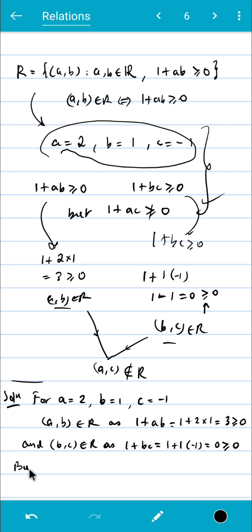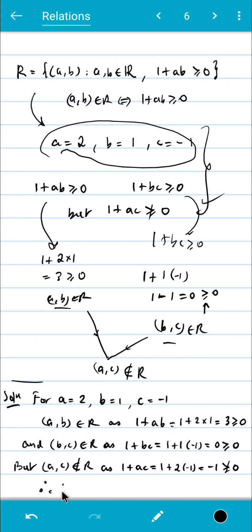But (a, c) does not belong to R as 1 plus ac equals 1 plus 2 times minus 1. This gives me minus 1, and this is not greater than or equal to 0. So hence, therefore R is not transitive. This is our proof.